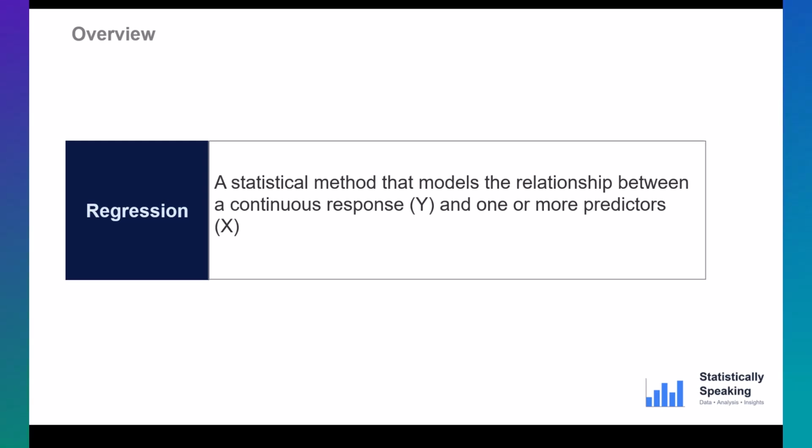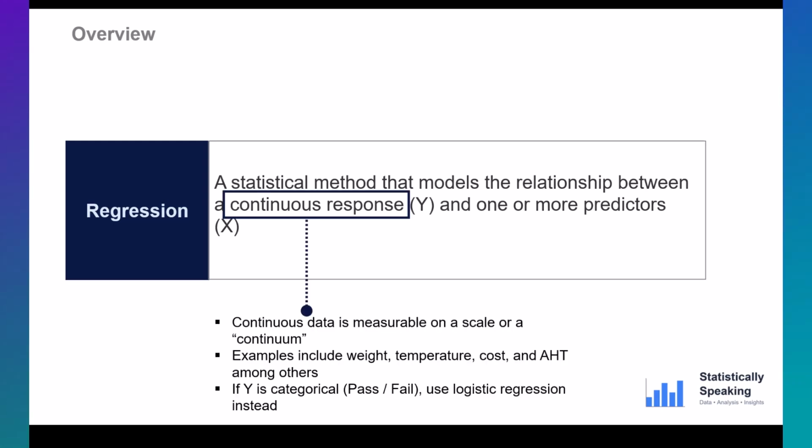So the first thing to understand is that regression requires a continuous response variable, right? Regression can be done with categorical variables as well, and that's called binary logistic regression. In this video, however, we are focusing on using continuous response variables.